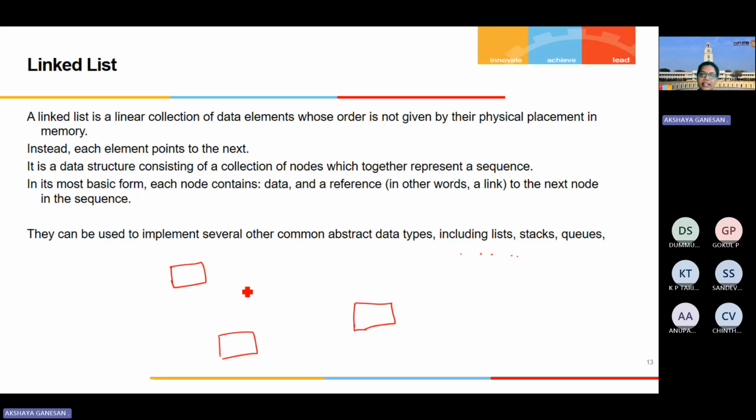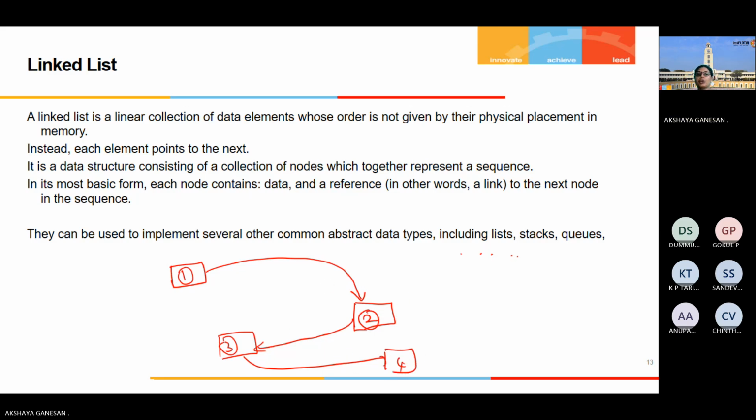Okay, so they are linear. How do we say they are linear? This first node always links to the second node. This second node has a link to the third node. This third node has a link to the fourth node. So this way they are linear logically, but physically in memory, they might be present elsewhere.